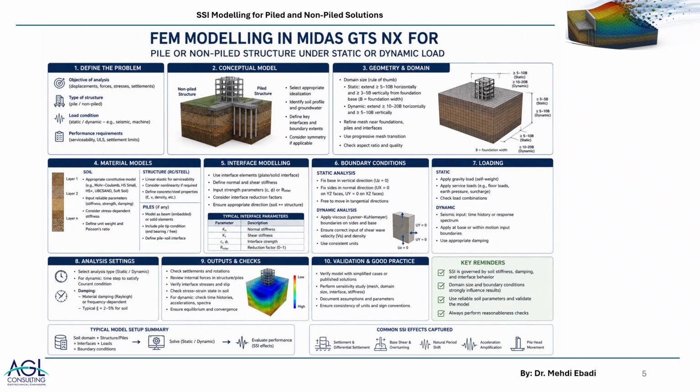Usually the way we do it is that for the buildings we select the first one or two levels if it's high rise to consider the rigidity of the structure to some level, the superstructure, I mean, in the analysis.